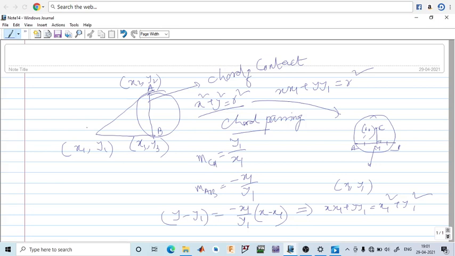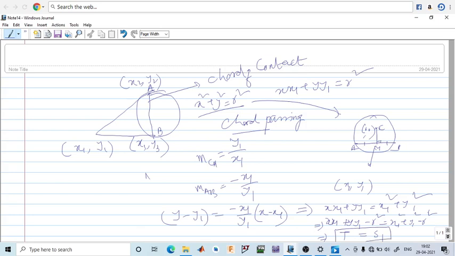If we write r square, then xx1 plus yy1 minus r square equals x1 square plus y1 square minus r square, then I can say this is the tangent and this is S1.